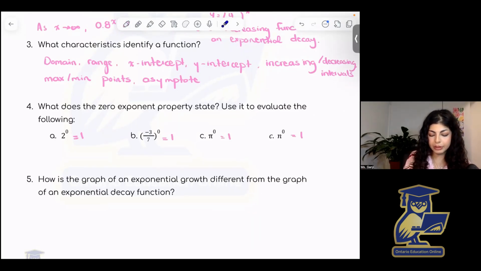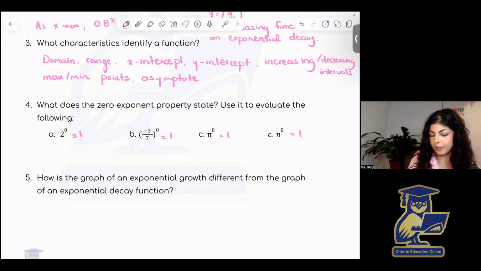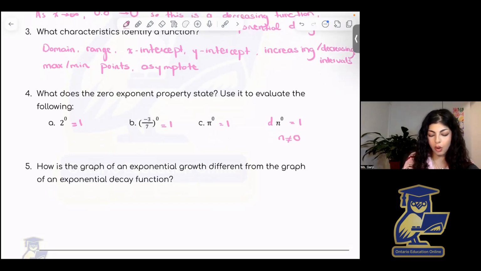So 2 to the power of 0, or a rational number to the power of 0, an irrational number to the power of 0, all of these will be equal to 1. And one thing I will note, this should have been D, that n just cannot be equal to 0 itself. So it has to be just a non-zero base there. And so again, all of these will just be equal to 1.